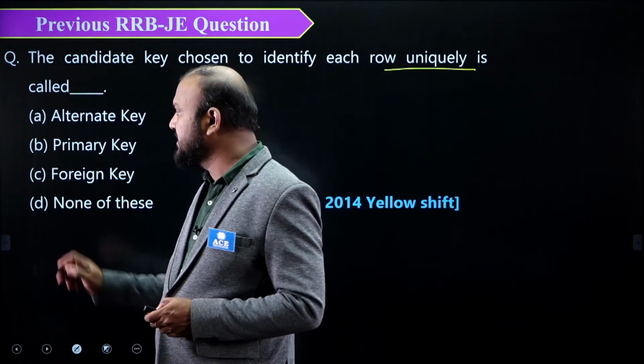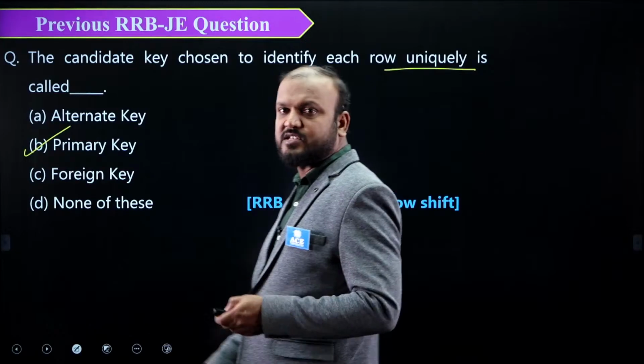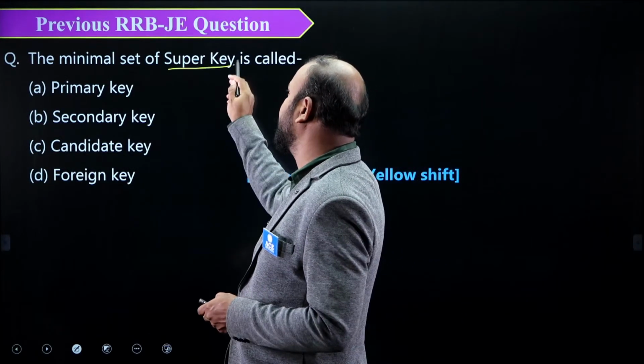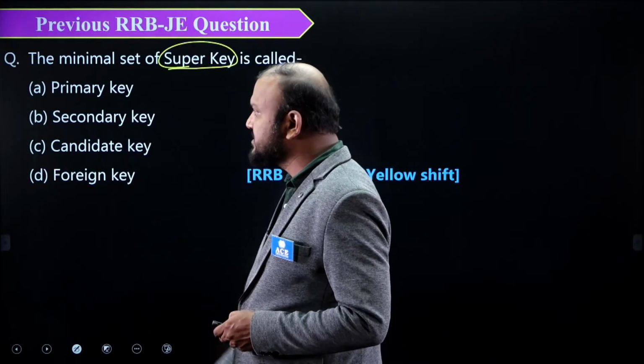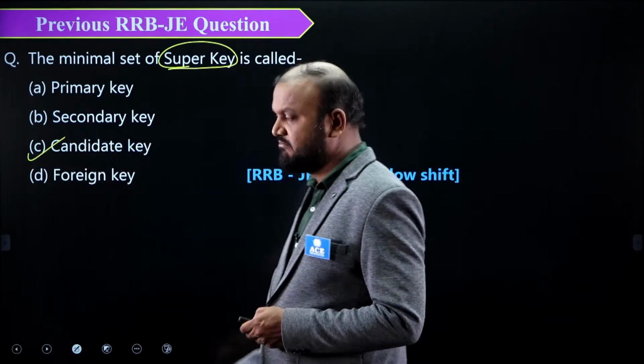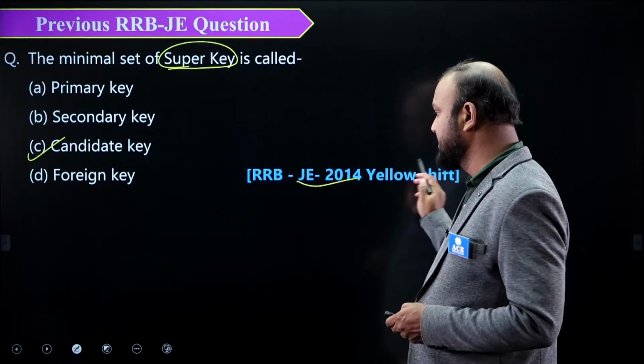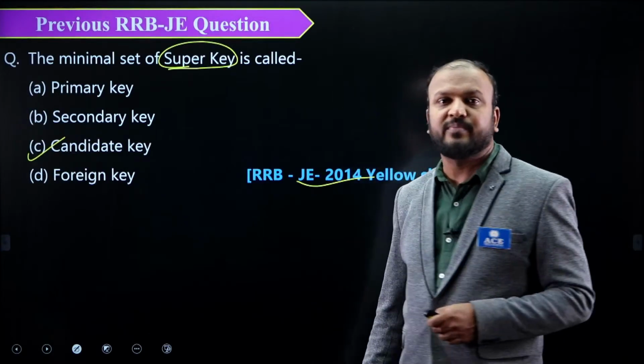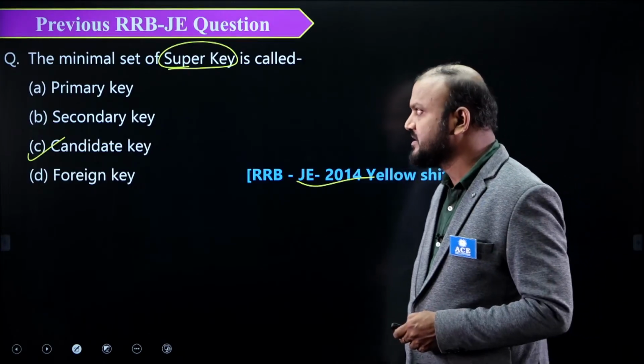That candidate key is called the primary key. We have just discussed that. The minimal super key is called the candidate key. This is also one of the questions that was asked. Okay, these are some of the previous RRB JE questions.